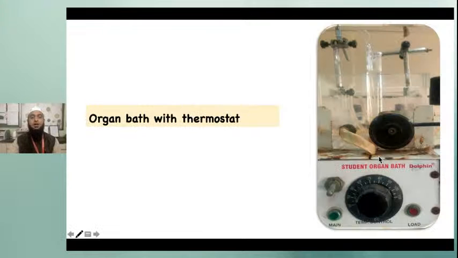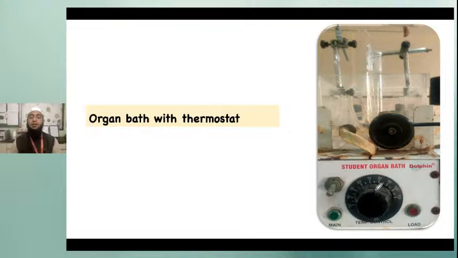Second part is the organ bath with thermostat. In the case of the organ bath, there is provision for temperature regulation. The thermostat has a temperature knob that can be adjusted to the required temperature.